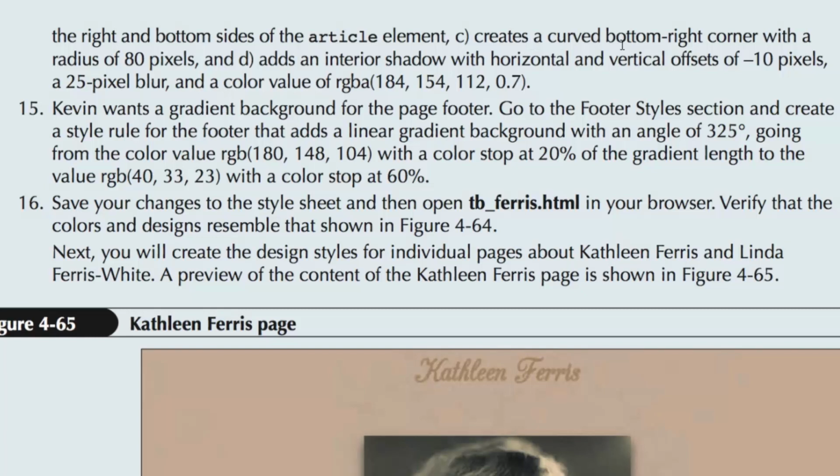Then we'll create a curved bottom right corner with a radius of 80 pixels, and then add an interior shadow with a horizontal and vertical offset of -10 pixels, 25 pixel blur, and using the color value of RGBA 184, 154, 112, 0.7.